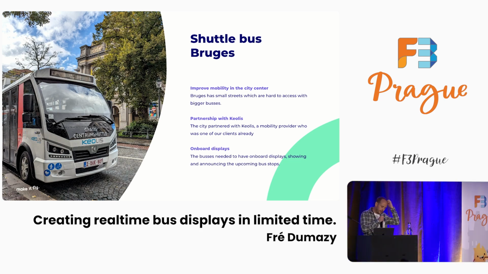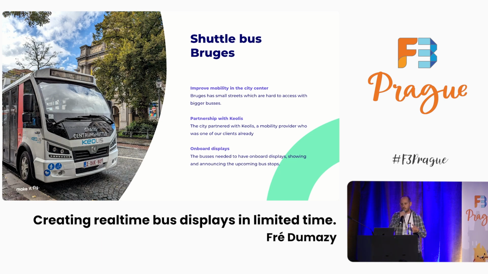For that, they partnered up with Keolis, which is a worldwide mobility provider, and Keolis was actually already a client of ours. Now, for this project, they needed onboard displays that visualize what the upcoming stops of the bus will be, so that the passengers know where to get off, of course.